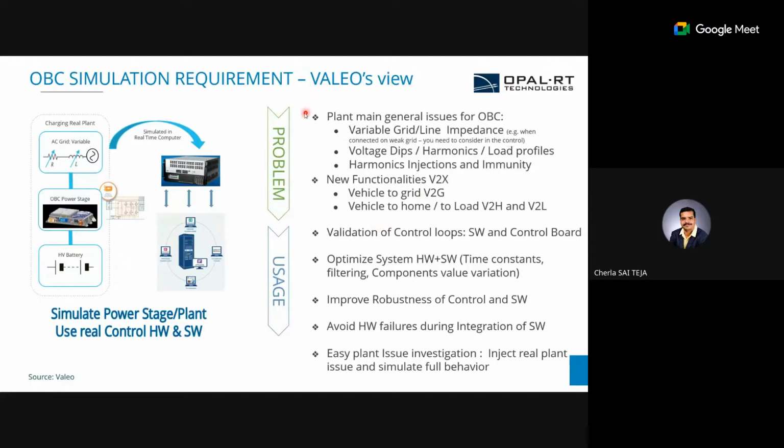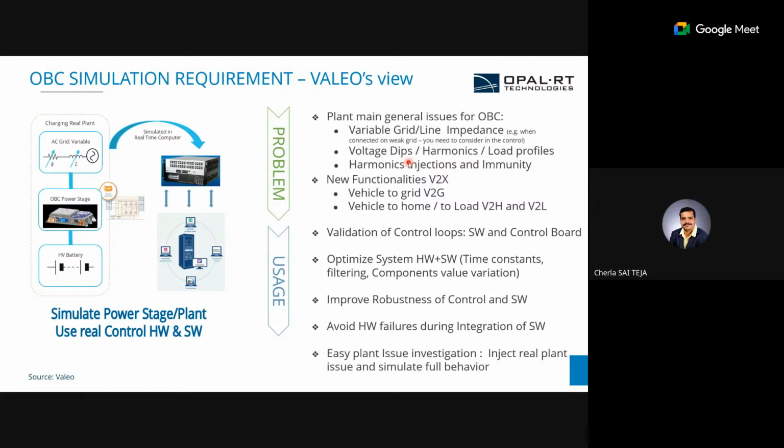So this is one of the success stories we have. We have a client named Valeo. They used our OPAL-RT based simulator for testing their onboard charger for a vehicle. So what's the problem? They want to test general issues for the OBC, like a variable grid or line impedance.